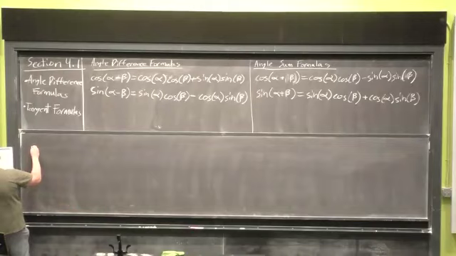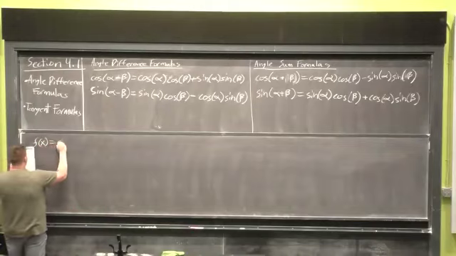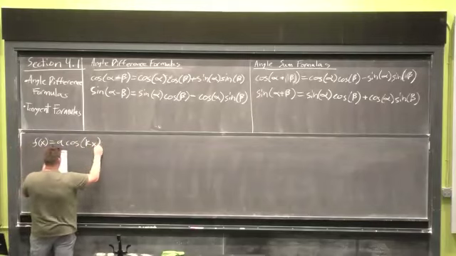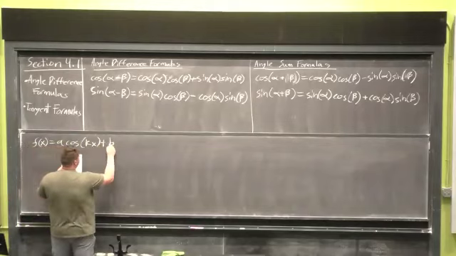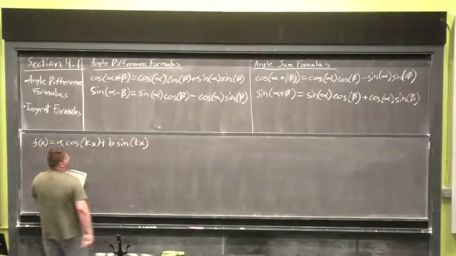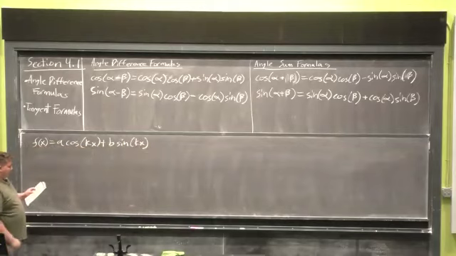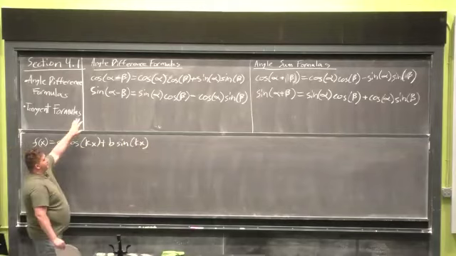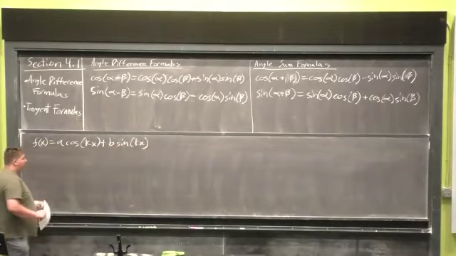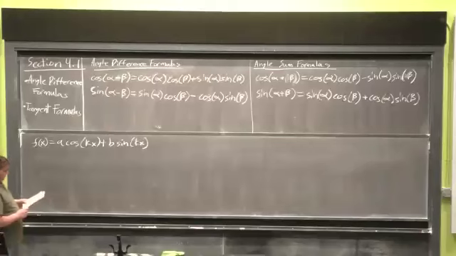So we can have f of x equals a cosine of kx plus b sine of kx. If we have this, we can start using these sum and difference formulas to combine these into a single equation.